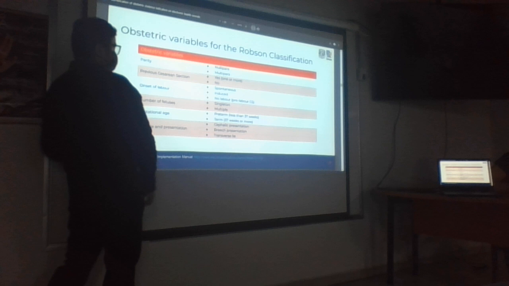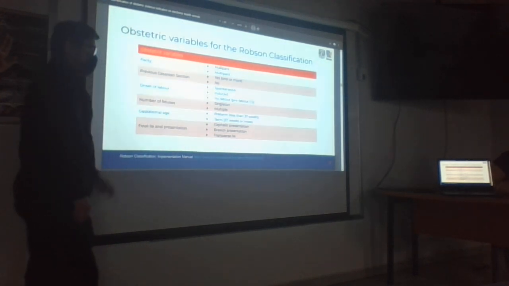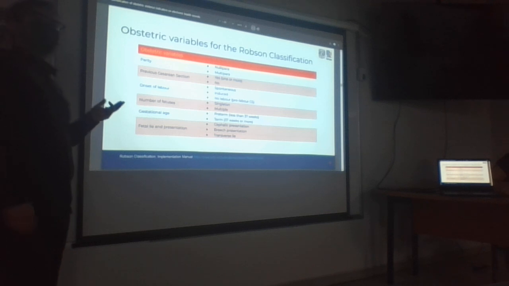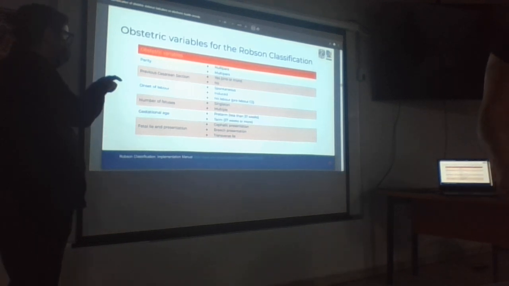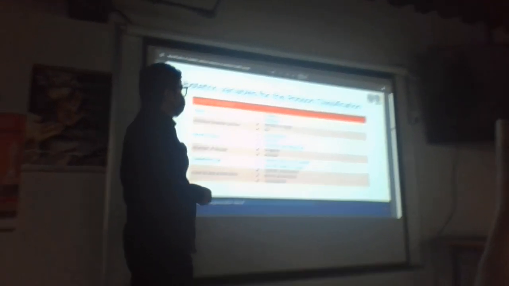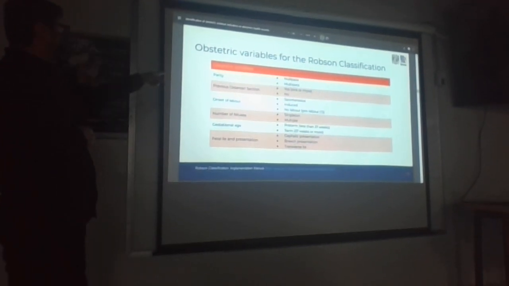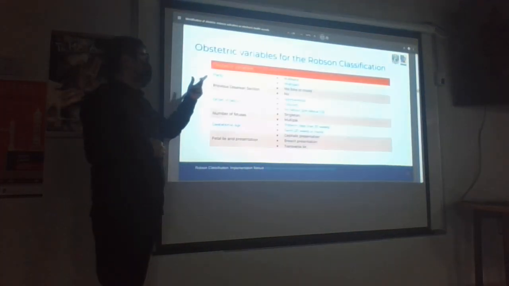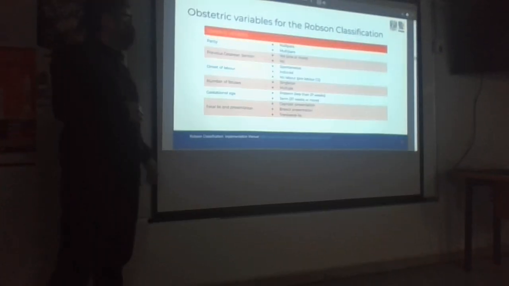In fact, these points are 14, and we use them as entities for the information extraction that I will use to recognize all the indicators. And the first is parity, and we need to identify if the woman is nullipara or multipara.